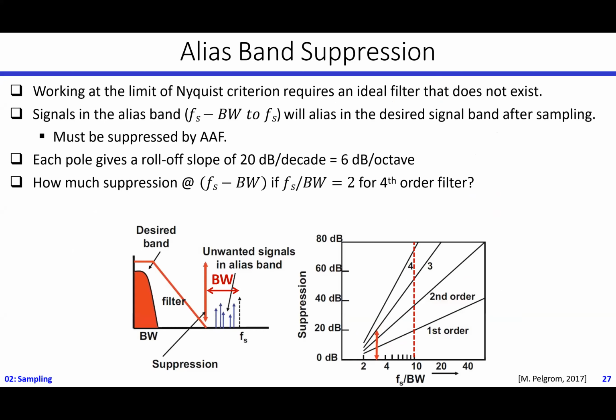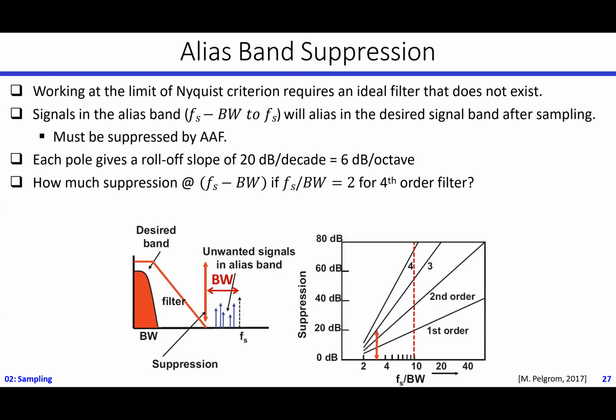So now, related to this point, if I work at the limit of the Nyquist criterion, I will need an ideal filter, which is difficult to design or even does not exist.